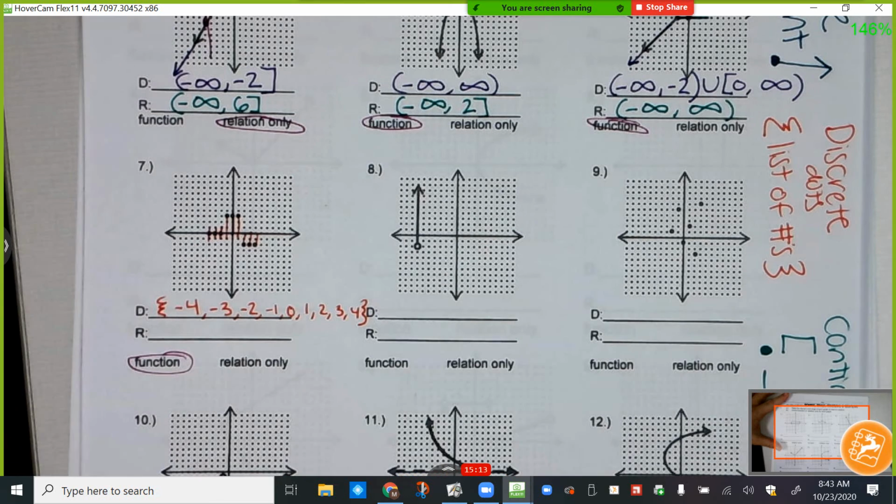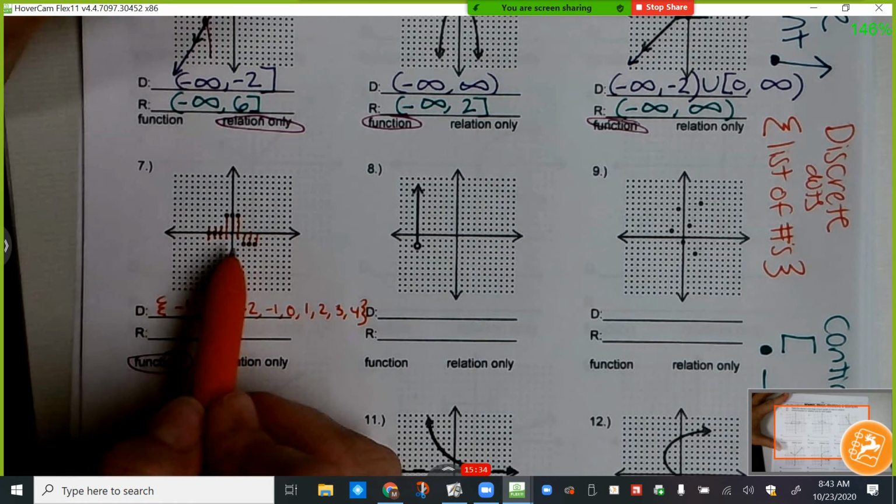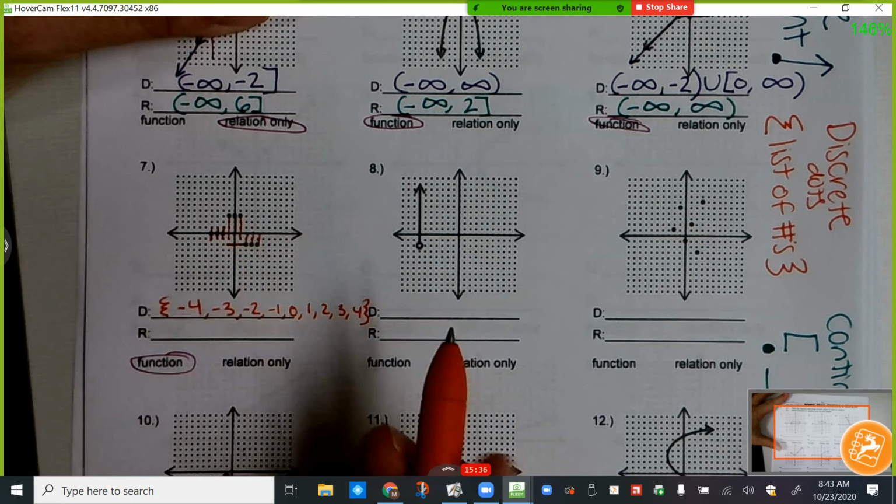And we list them all inside fancy brackets. Now, one thing we didn't really do yesterday, but we talked about how with domain and range, especially with discrete, well, only with discrete, you don't list numbers more than once. So looking at our height, what's the lowest these points are? -2.